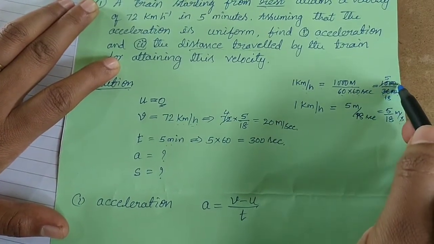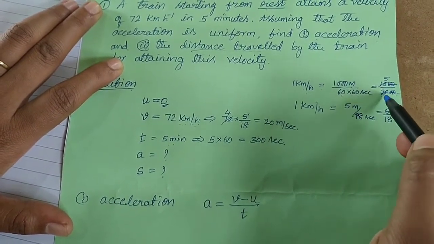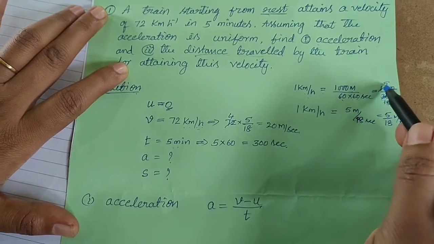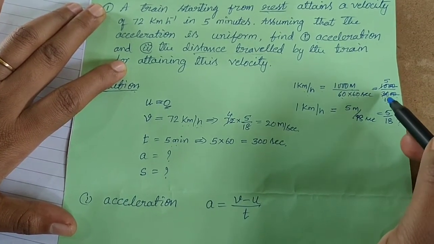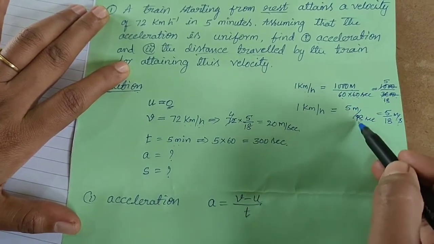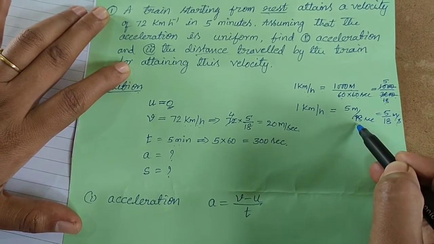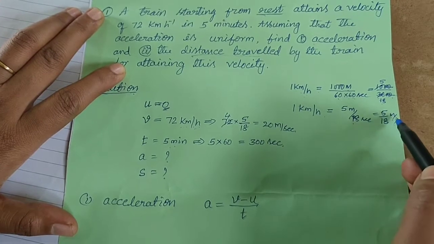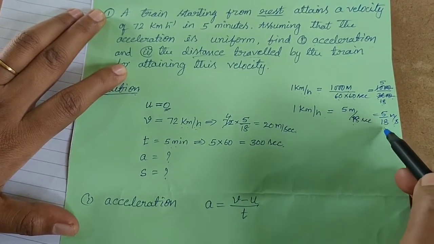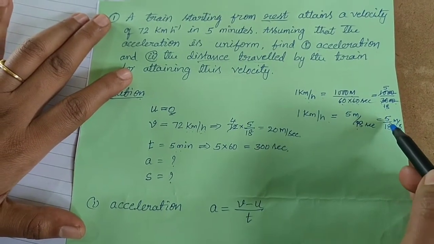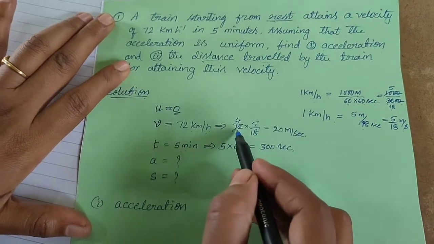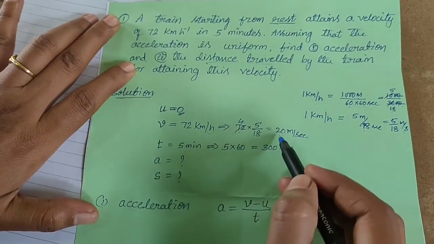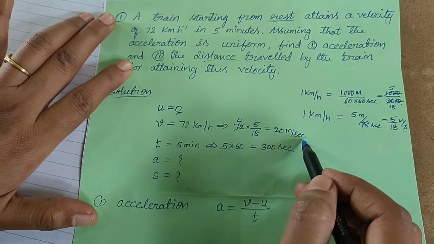Cancel the zeros, we get 10 by 36. 2 5s are 10, 2 18s are 36. Therefore 5 meter per 18 second. So 1 kilometer per hour converted to meter per second is 5 by 18. Multiply 5 by 18 with 72, we get 20 meter per second.